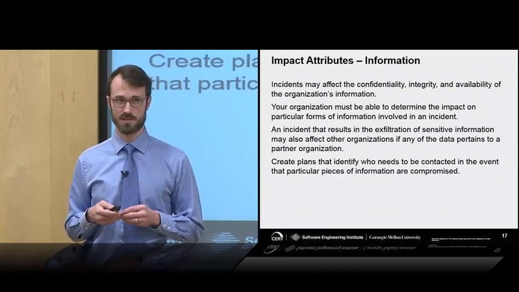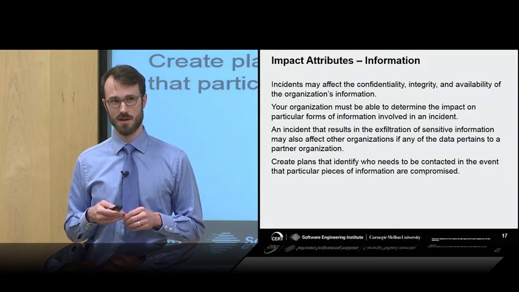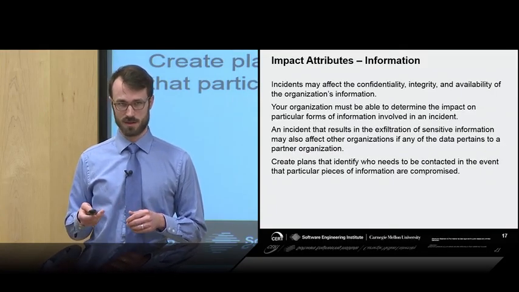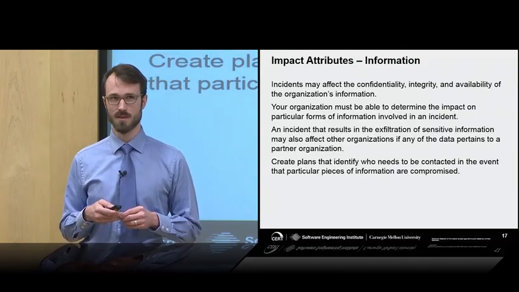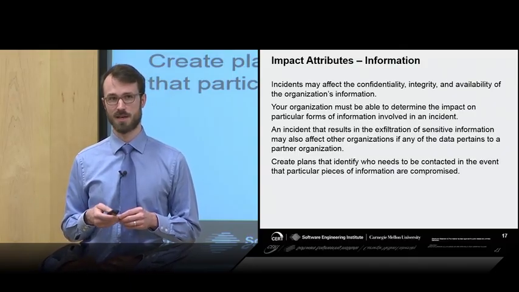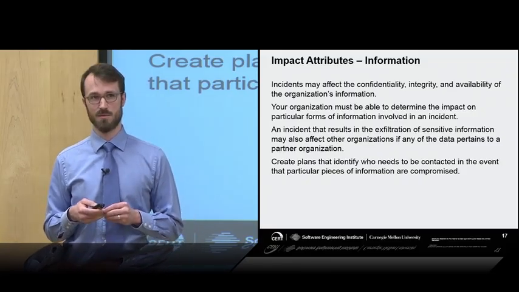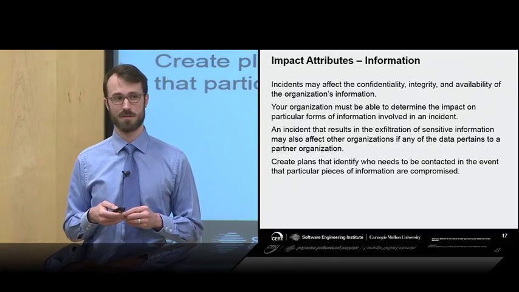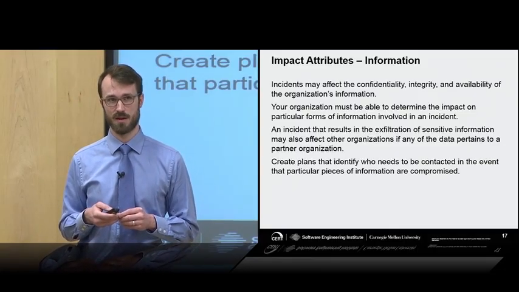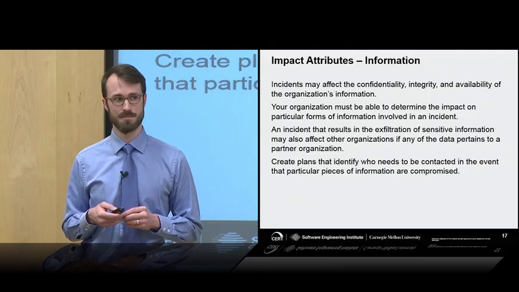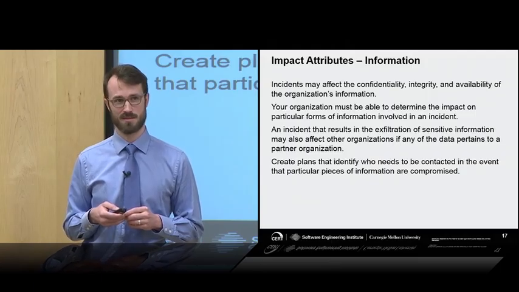An incident that results in exfiltration of sensitive information can also affect other organizations. If you've lost data pertaining to a partner or some protected class of persons, what are your requirements for notification when that information is compromised? How do you plan for the impact of that?